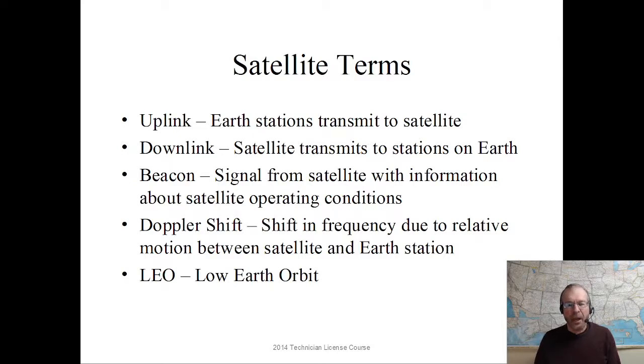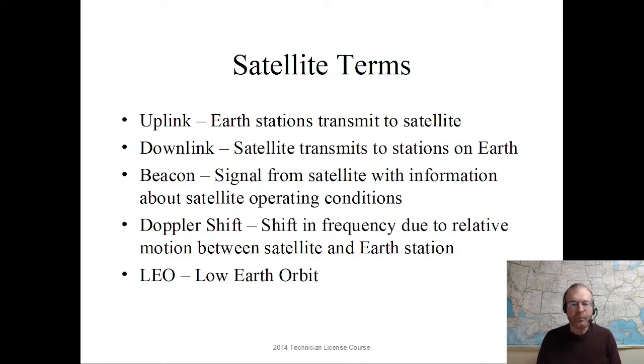And Doppler shift is another thing to be aware of, because the frequency that we use both for the uplink and for the downlink is going to shift due to the relative motion of the satellite. You know, it's going overhead like that, and depending on which way it's going, it's going to be either approaching us or moving away from us, and that is going to affect the frequency that we use to contact that satellite.